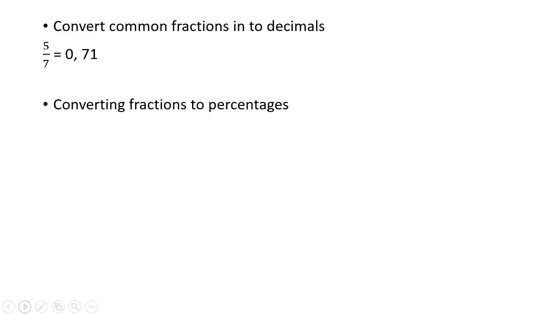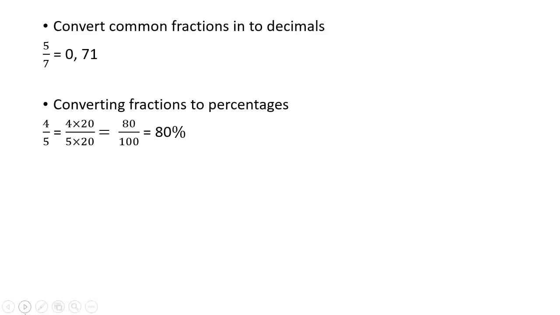Sometimes they also ask you to convert fractions to percentages. If you have a fraction, for example 4/5, and you have to convert it to a percentage, it's very simple. You look at the denominator, and you look for a number that you will multiply the denominator by to get 100. Whatever you multiply the denominator by, you also multiply the numerator by the same number. That number is 20.